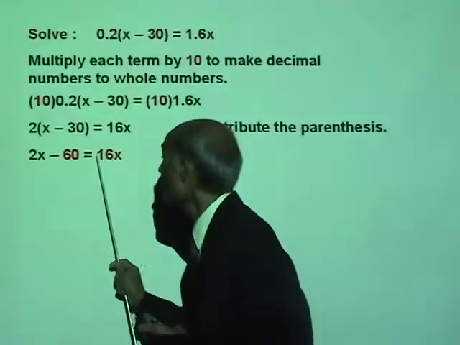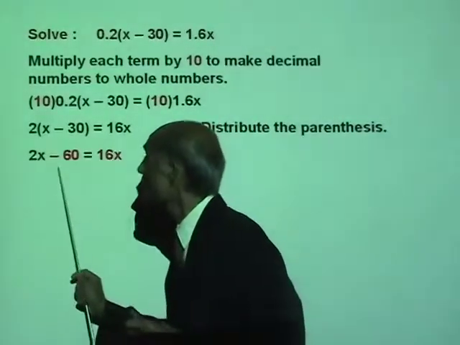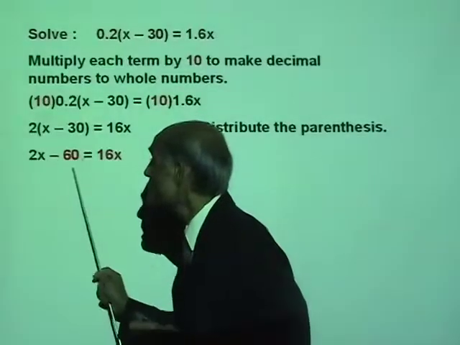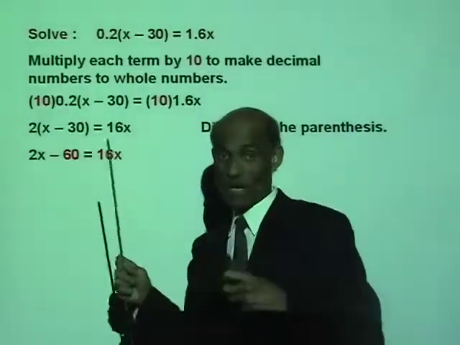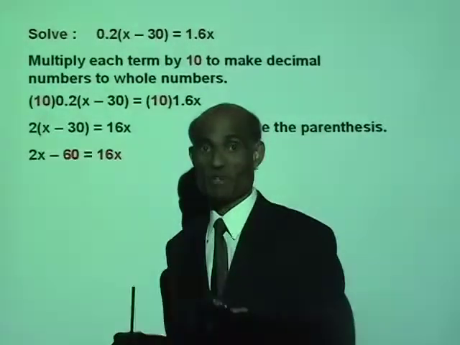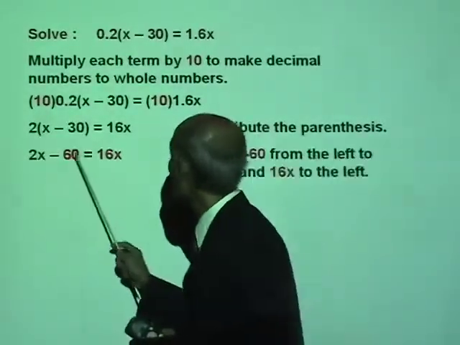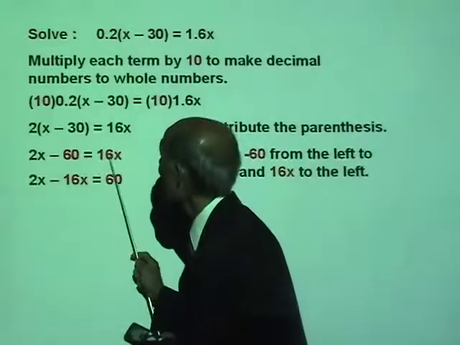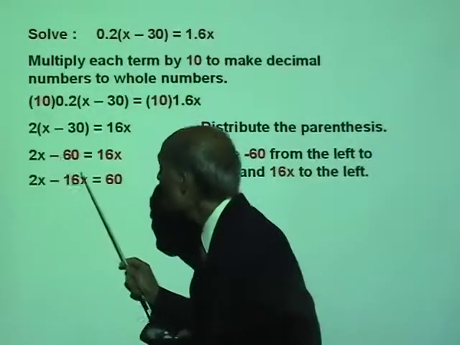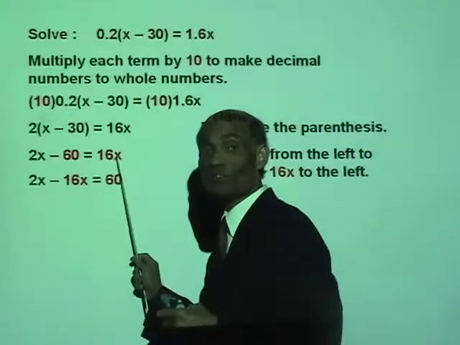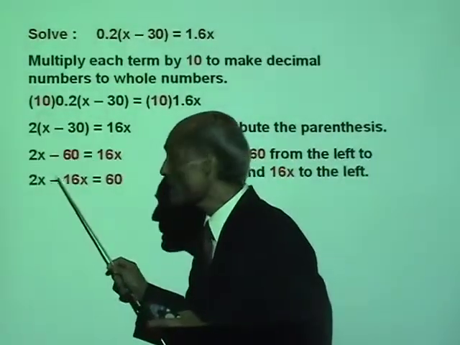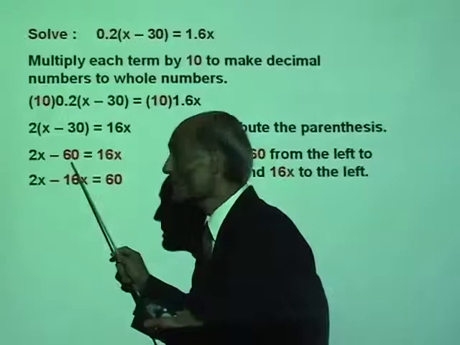And now move the 16x to the left and the negative 60 to the right. I'm sure you are now quite comfortable with that method. Now that makes 2x minus 16x equal to positive 60. 16x moving from the right to the left becomes negative 16x.